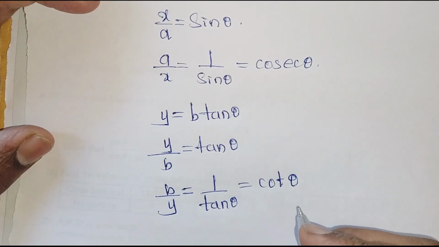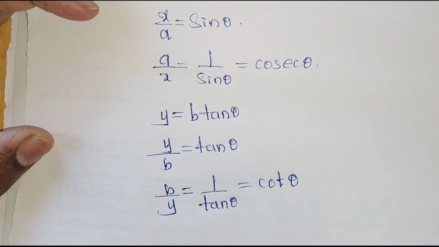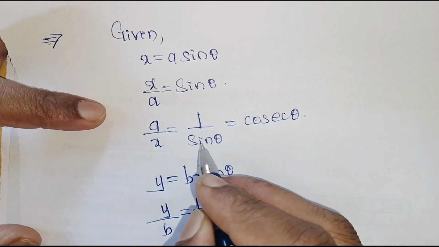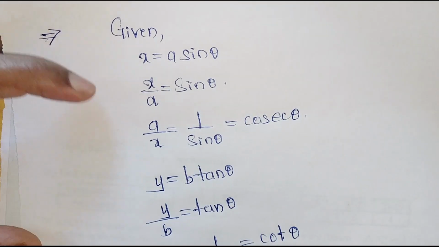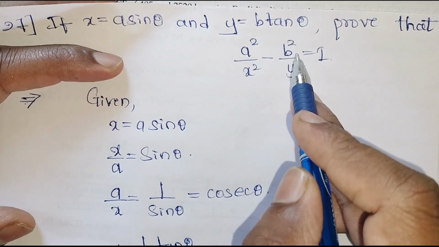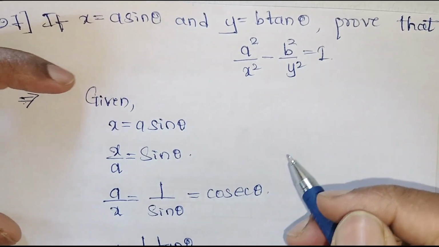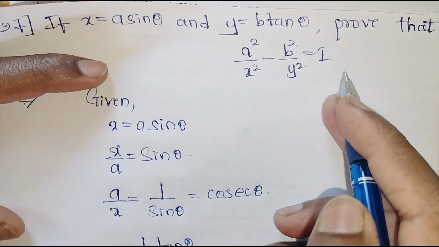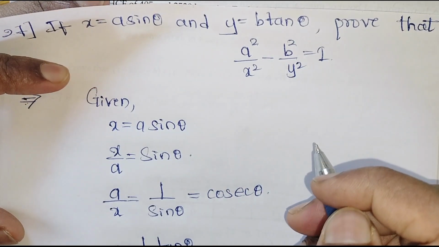So we got a by x and b by y. We have to prove that the subtraction of the squares of these individuals equals 1. Okay, that is what we have to prove here.